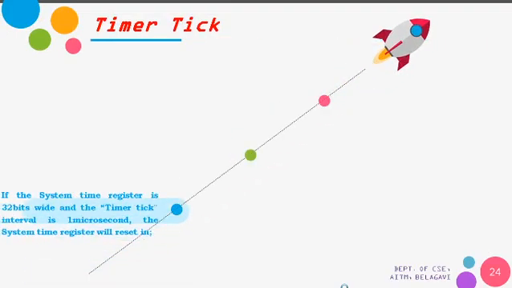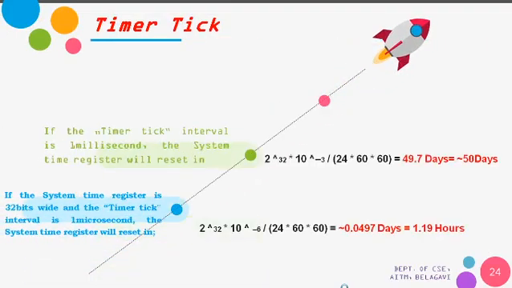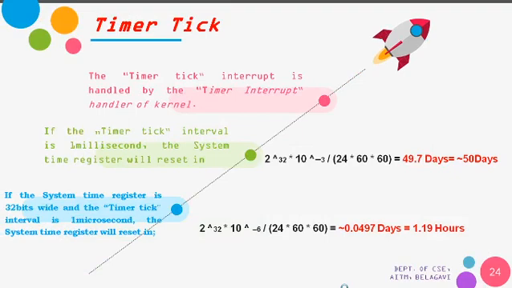If the system time register is 32 bits wide and the timer tick interval is 1 microsecond, the system time register will reset in 2^32 × 10^-6 / (24 × 60 × 60) = 0.0497 days, that is exactly 1.19 hours.